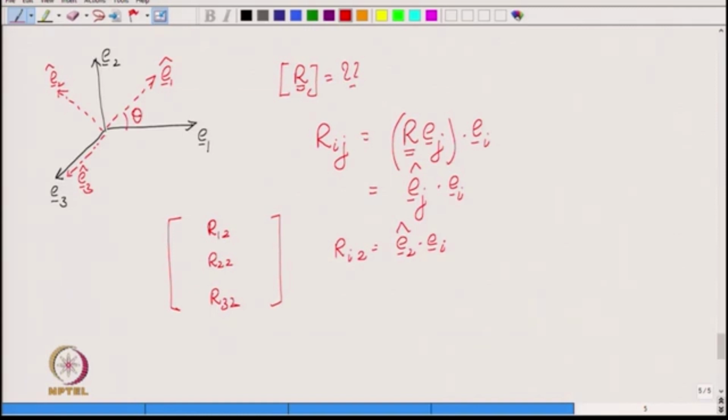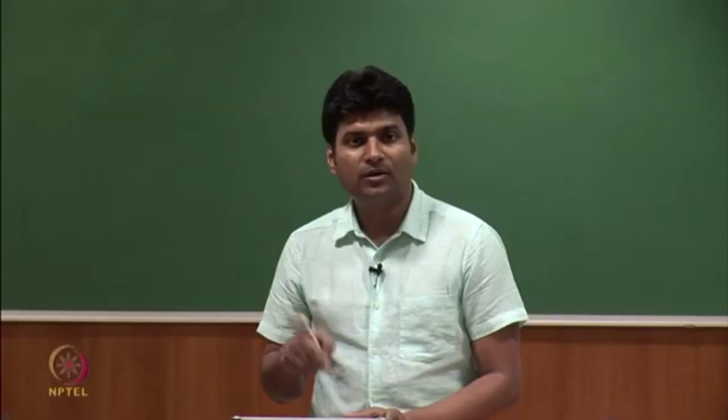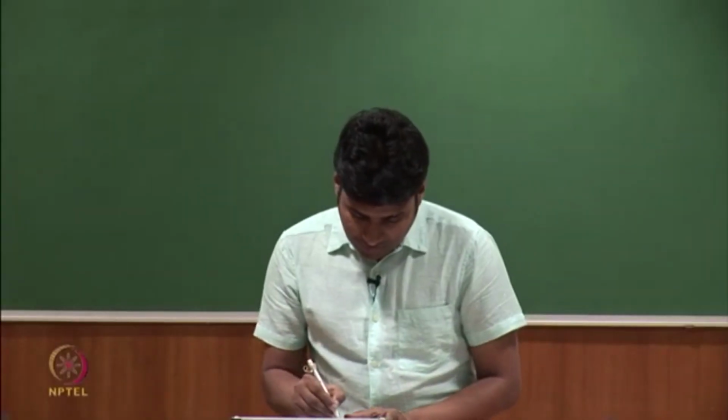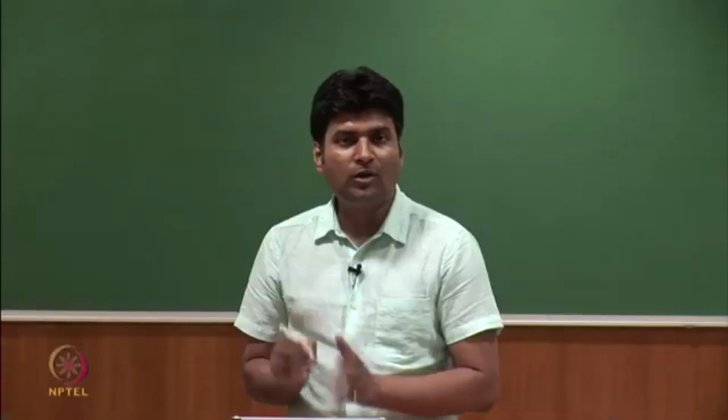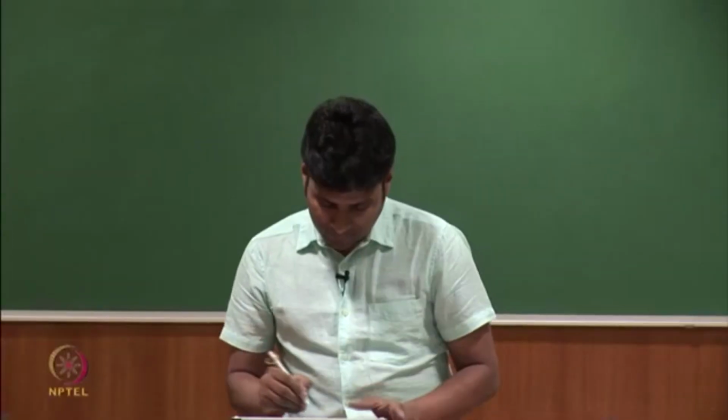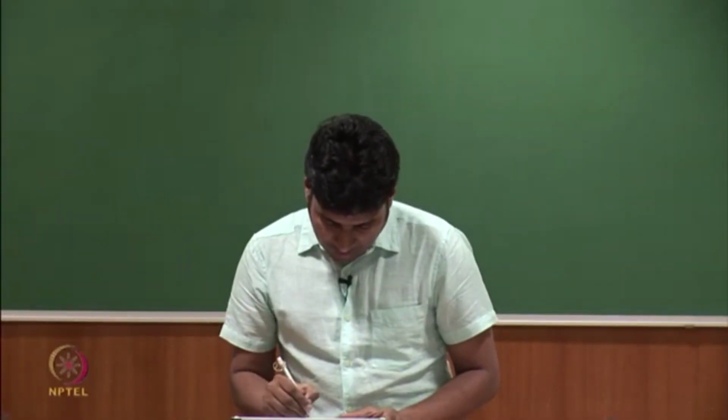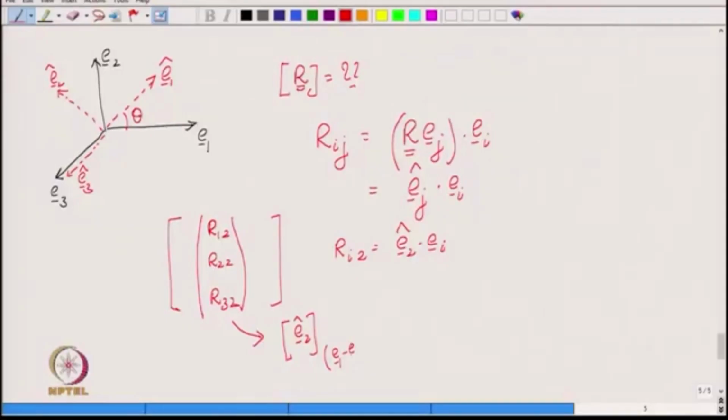R 2 2 is E 2 hat dot E 2, the component of E 2 hat along E 2, likewise for R 3 2. So, this column is basically E 2 hat itself, but written in the E 1, E 2, E 3 coordinate system.